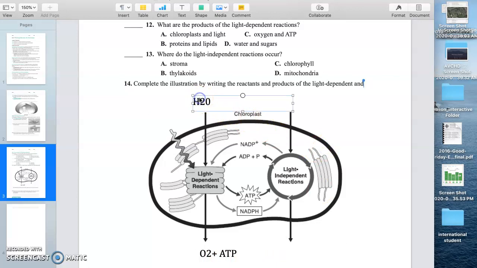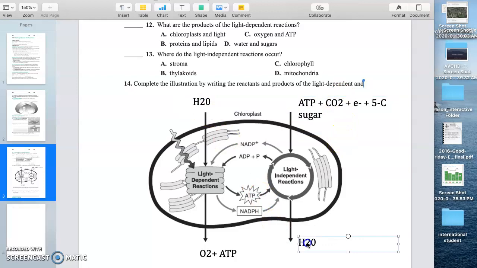Okay. Then we're going to take that ATP plus carbon dioxide plus some electrons from our NADPH, and plus a 5 carbon sugar. And what are we going to make?